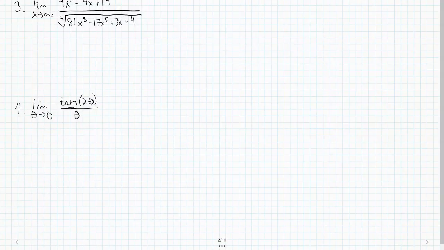So moving forward to our next limit, we get the limit of this 9x squared minus 4x plus 19 all over the fourth root. Oh no, I'm seeing some of that. It's showing up, partially. I might have to write it just a slight bit smaller.